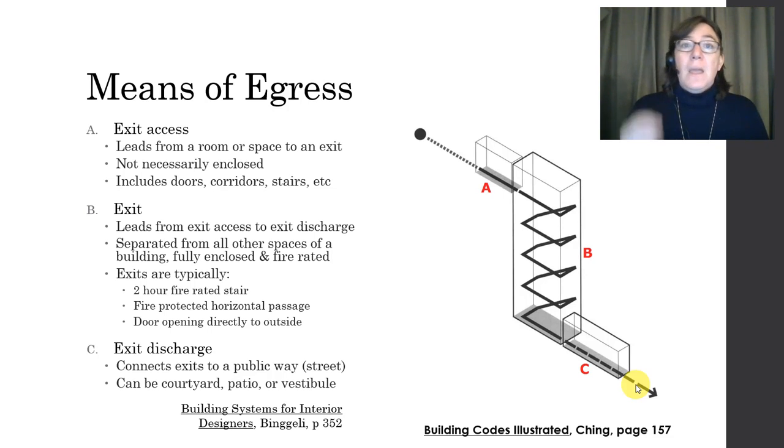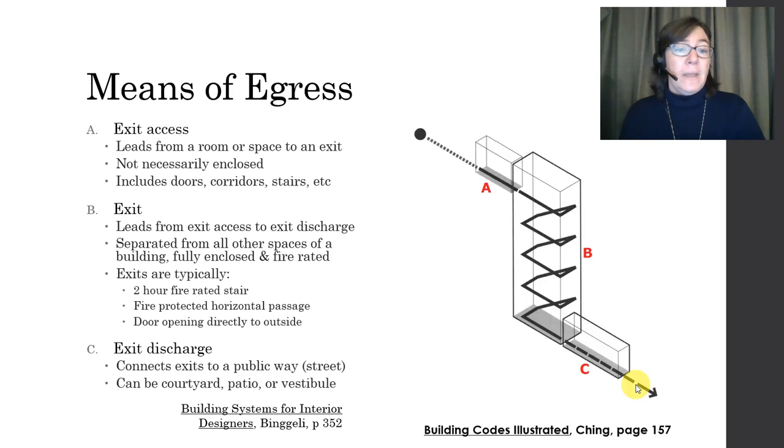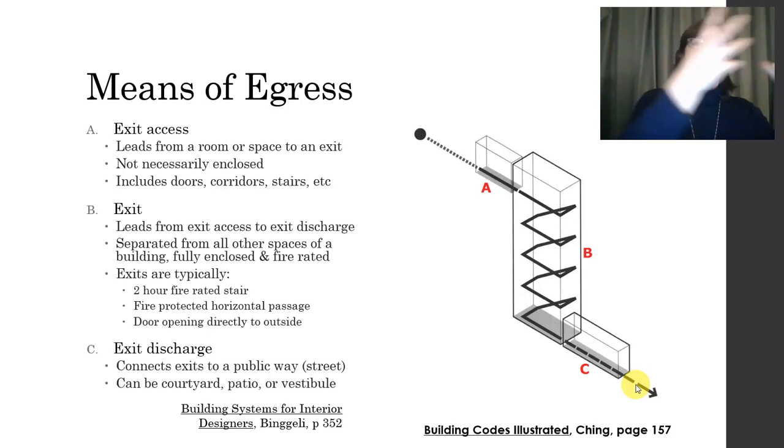This exit discharge could be a courtyard or a patio on the outside, but still on your property. Could be an alleyway, maybe behind your property, or it could be somewhere inside a vestibule or a lobby. And so you've already gone through the exit, the fire rated piece of your egress system, and now you are being discharged out into the street.